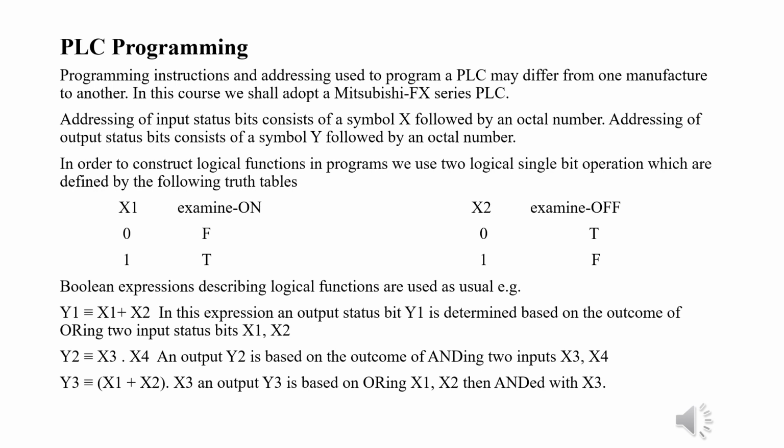Logical functions described in PLC programs depend on simple logical operations which we call examine on and examine off. And in the shown truth tables, we have an input status bit x1, which may be 0 or 1, and the outcome of performing examine on this bit is shown in the truth table.